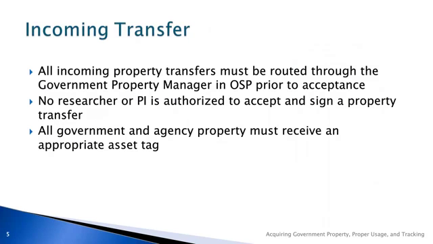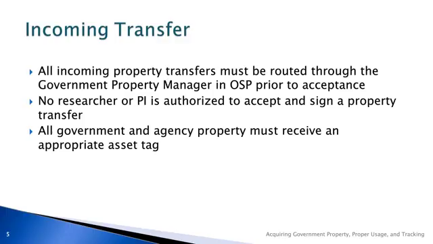If property is to be furnished or loaned to the university, the funding agency will provide an appropriate transfer document indicating the transfer. All property transfers must be routed through the Government Property Manager in OSP prior to acceptance. This allows the transaction to be properly vetted and a complete asset record to be established.